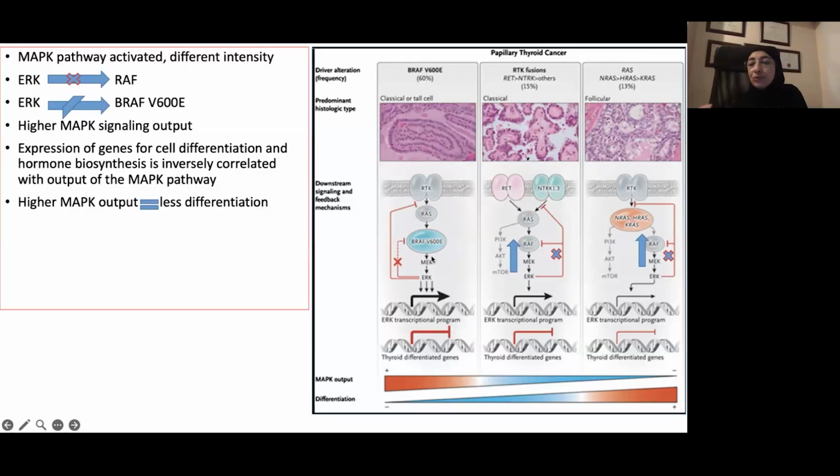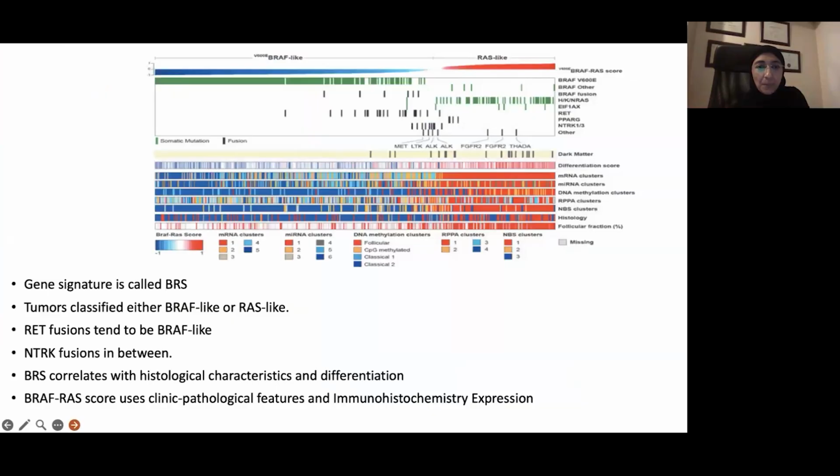So how does a well-differentiated cancer become a dedifferentiated cancer? It's through this disruption in the signal transduction pathway and the loss of negative feedback. That's an important concept to understand for the innovation of medication targeting genes in the dedifferentiated thyroid cancer.